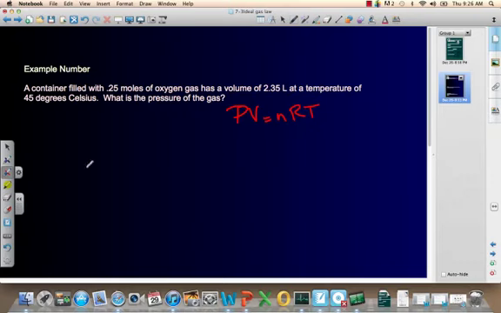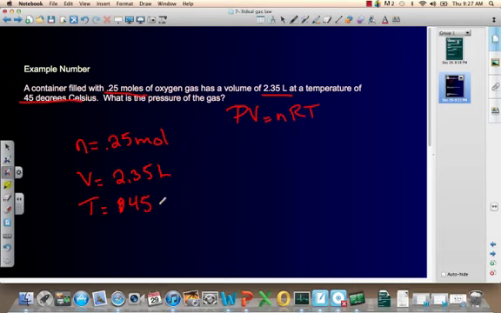So the first thing we're going to do, as always, is write down what we know. We have this many moles of oxygen, so n is equal to 0.25 moles. So n is the number of moles here. It has a volume of 2.35 liters at a temperature of 45 degrees Celsius.